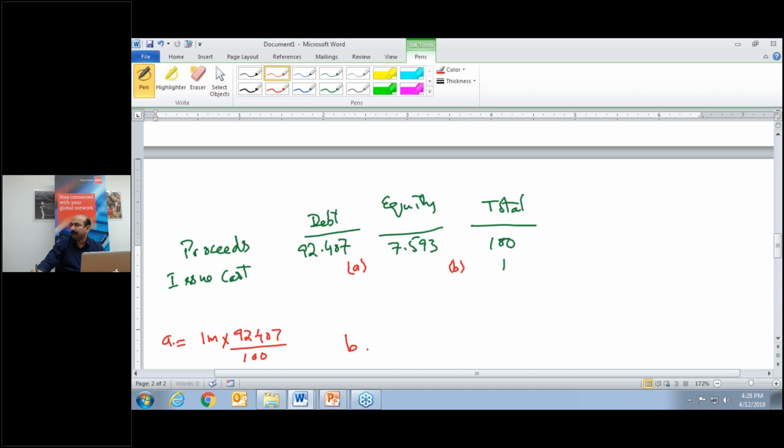And similarly, B will be 1 million, which is the issue cost, into pro rata 7.593, and the amount is quite obvious. 100 is, in fact, the total of these two. So this will give us 0.92407, and this will give us 0.076.